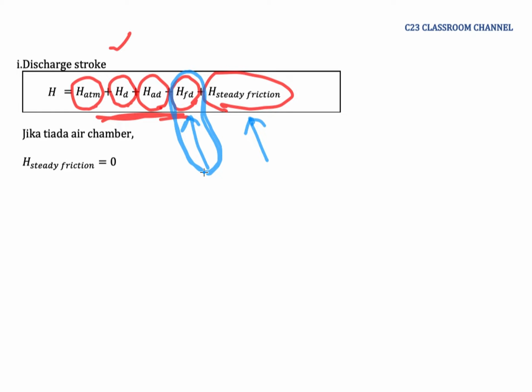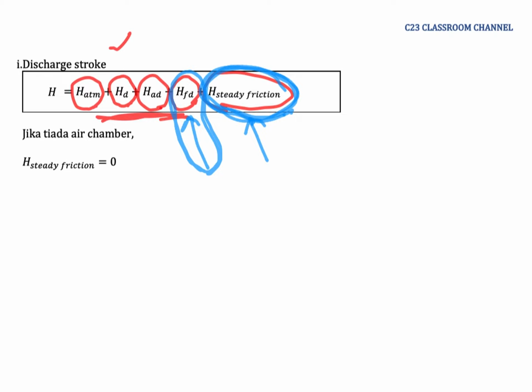After the air vessel, the flow becomes steady and the friction becomes lower. We calculate this friction using the common calculation of friction in pipe, as we learned in Fluid Mechanics 1.